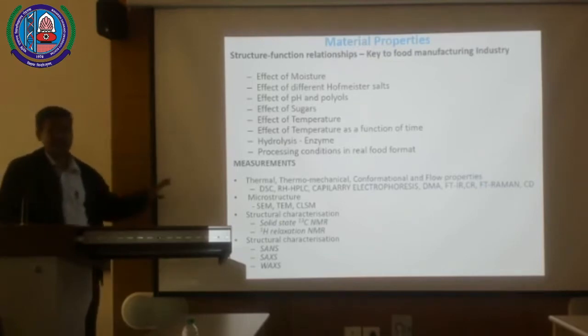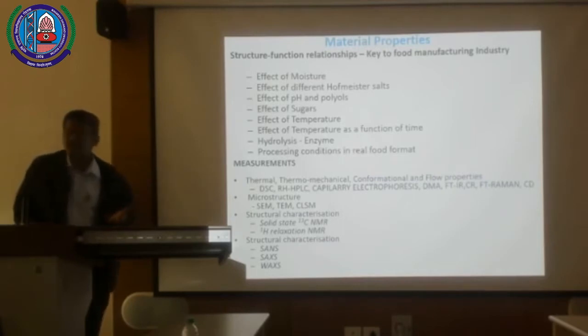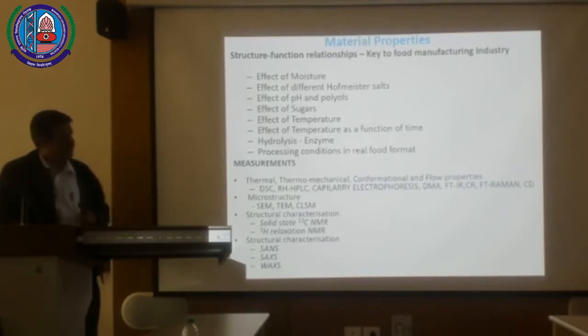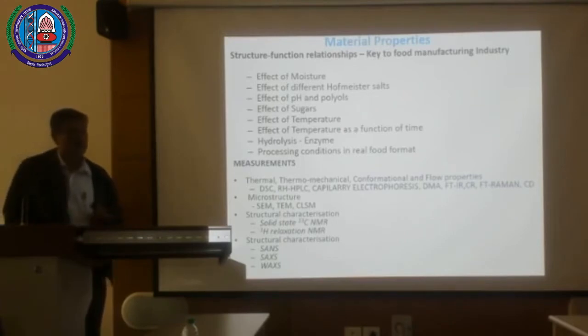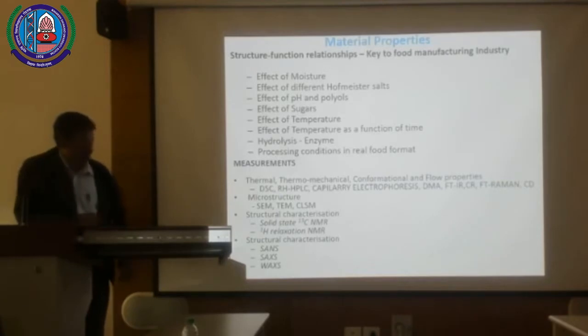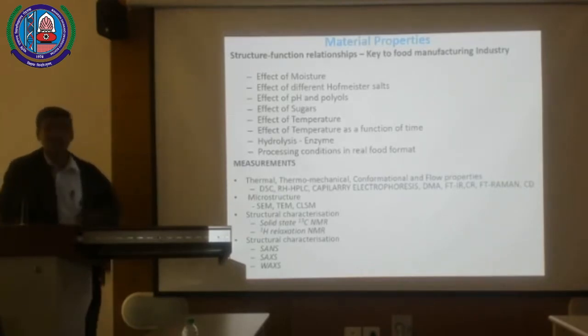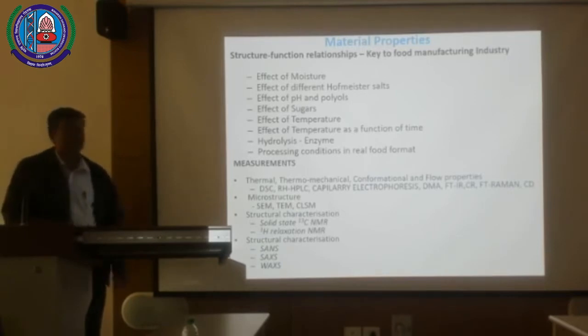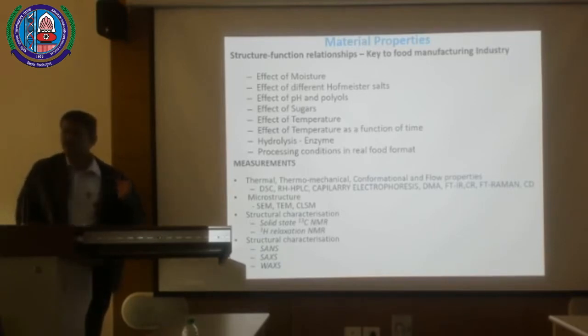This is routinely used across the globe. Then purification process monitoring: chromatography, HPLC. That's for the extrusion process, the real environment; then capillary electrophoresis. CR is the capillary rheometer for the extrusion process. Then capillary electrophoresis to check the purity of the compound.